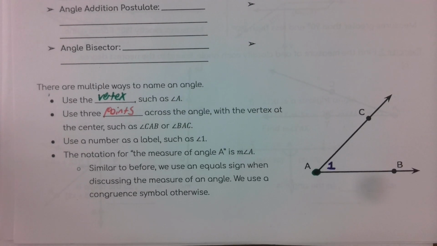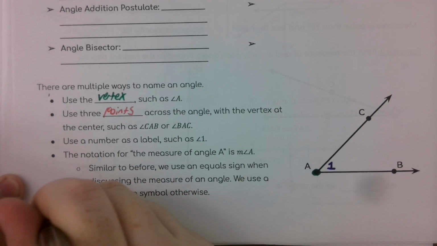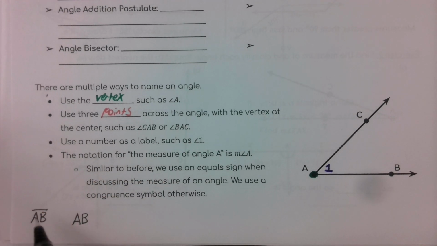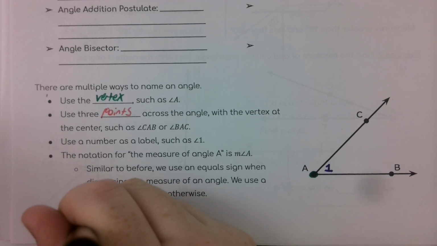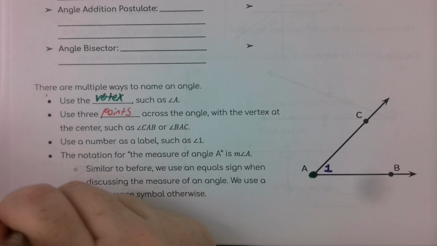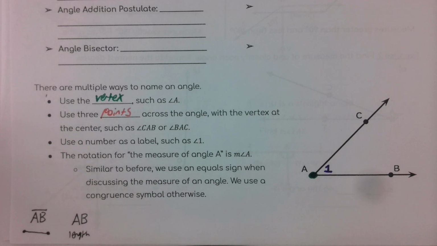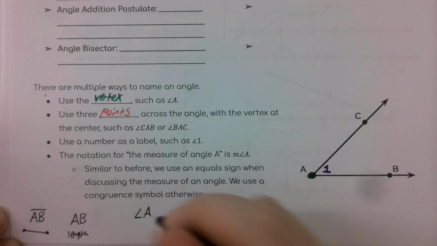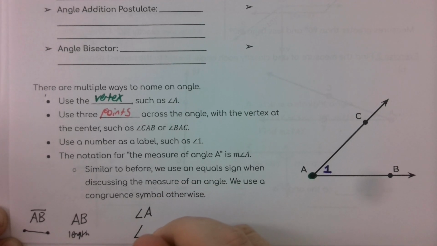Remember how when we were talking about line segments, there was a difference between this and this? This refers to the actual figure, whereas this refers to the length of that figure. Well, it's the same with angles. If I give you angle A, I want to show you an actual angle.